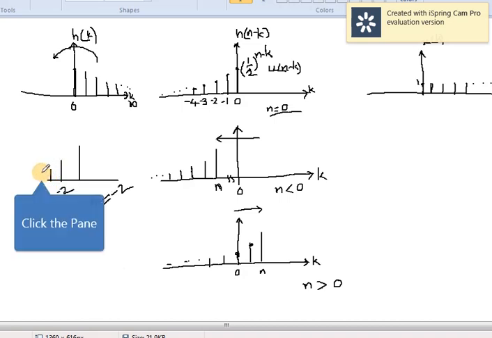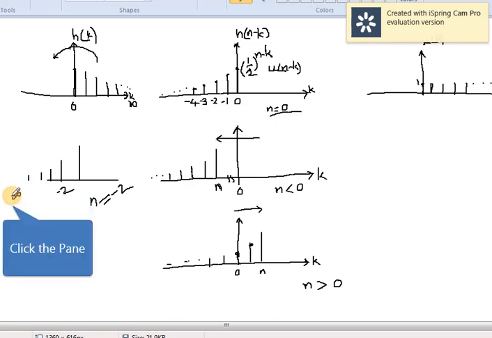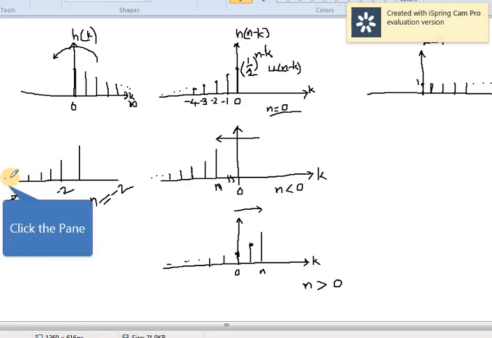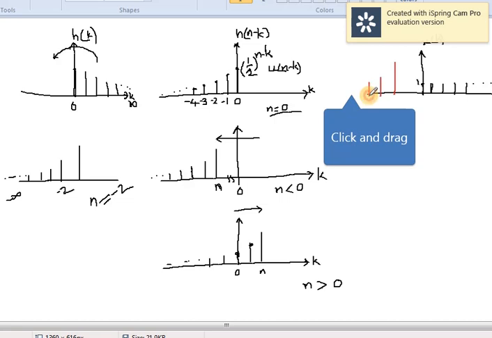Then the same thing will continue up to minus infinity. If n is less than 0, we'll have a situation in this way. It is our x of k and h of n minus k would be in this way, lying from minus 2, minus 3, minus 4 and so on till minus infinity.